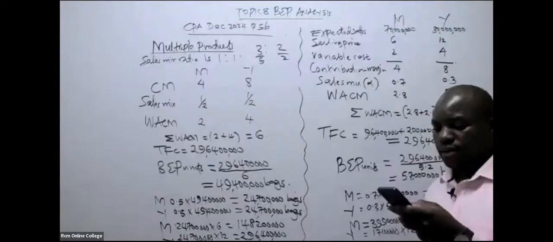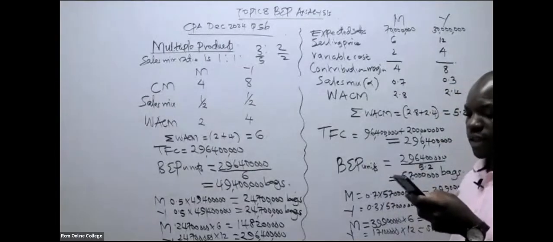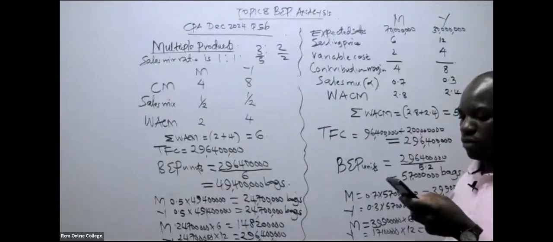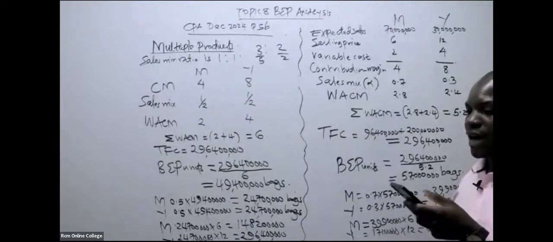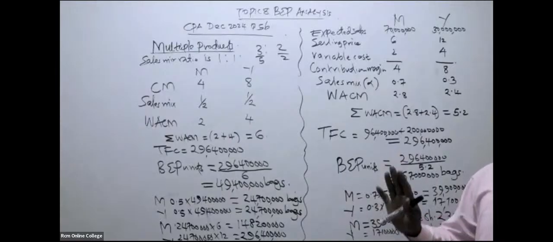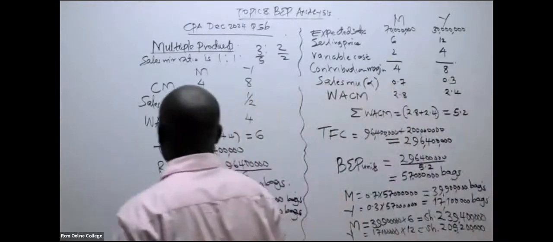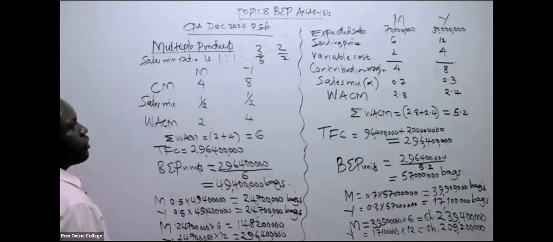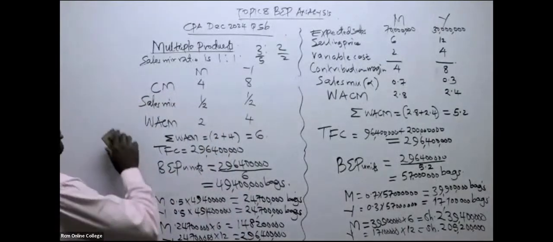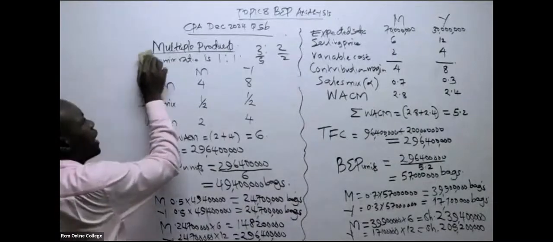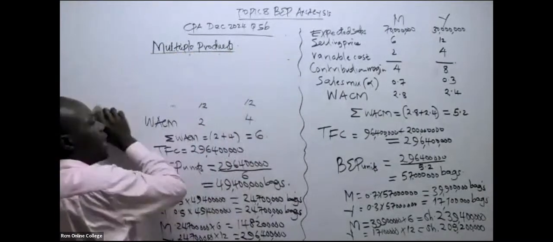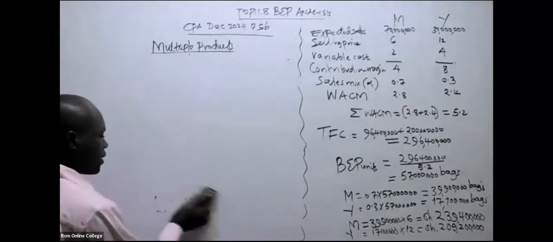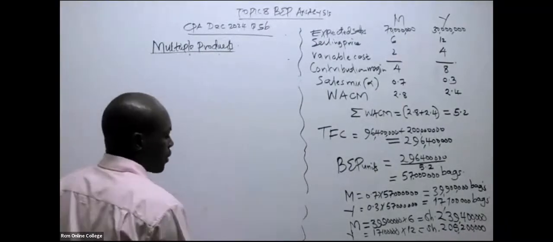Then sales units required to earn a profit of 299 million at current sales mix ratio. Now, we are trying to interfere with the numerator, and in this numerator we are introducing expected profit at the current sales mix ratio.